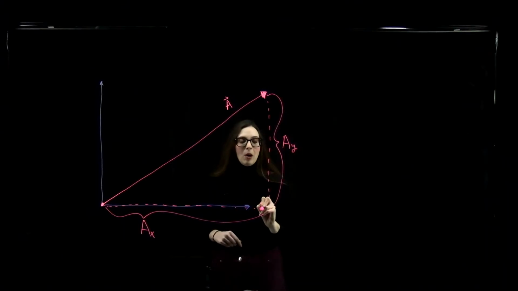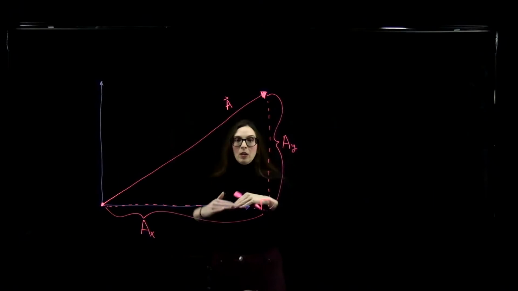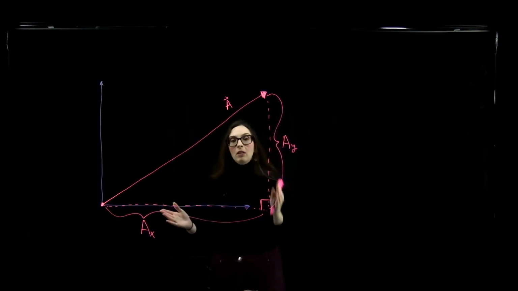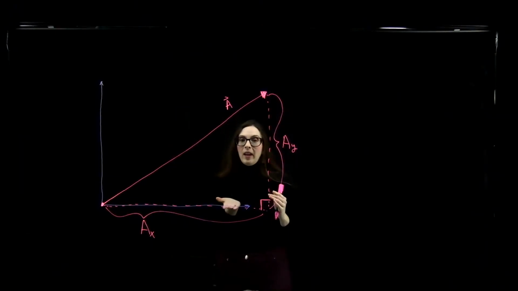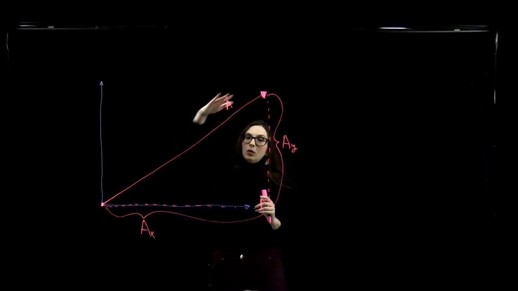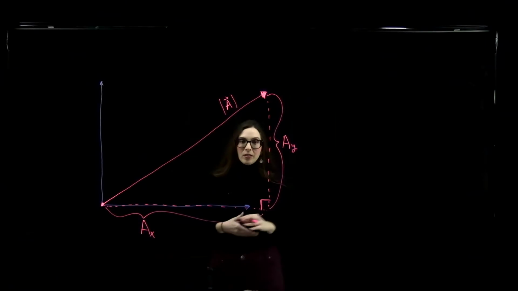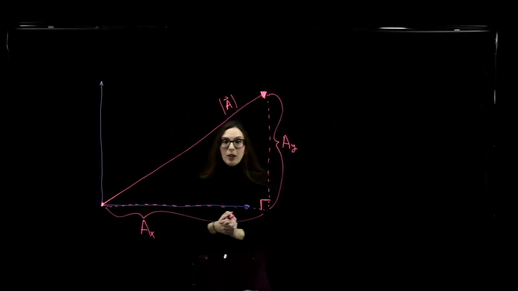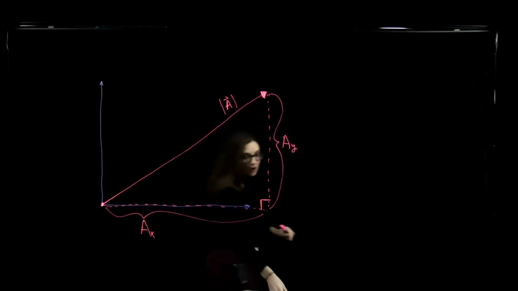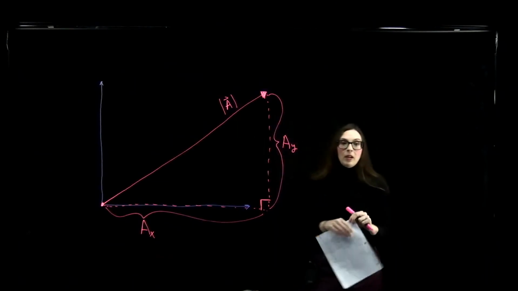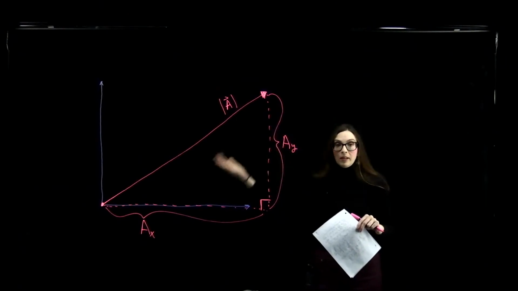Okay? And the components of this vector then make right angles with each other. So we have a right angle triangle with 2 legs, y and x, and the hypotenuse, which is the magnitude of this vector, the size of this vector. Okay, so there are a couple of different ways we can write this vector.